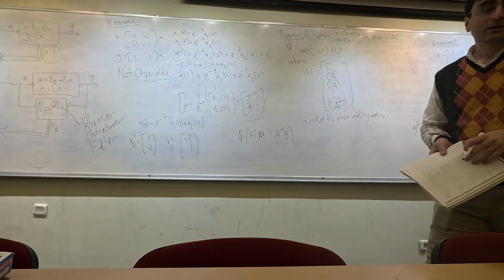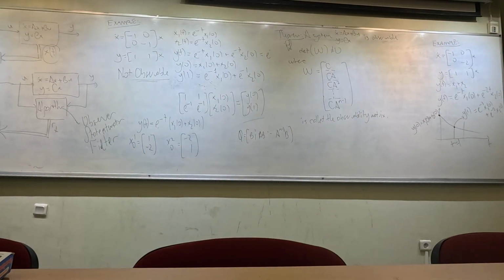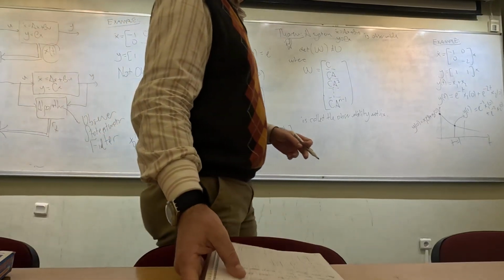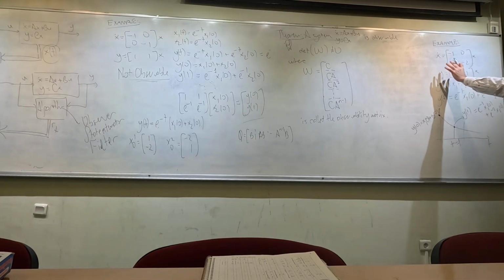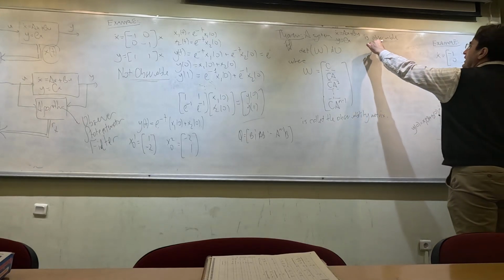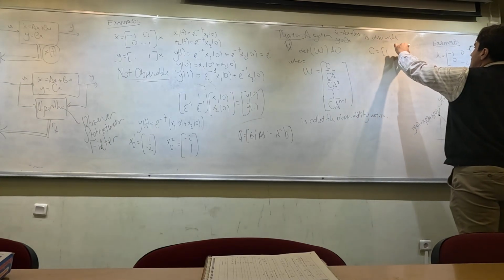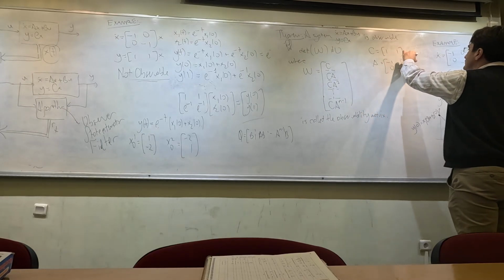Okay. So again, observability can be checked quite easily by looking at the determinant of a matrix. And we can try to apply this theory to this system. For this system, I have C is equal to [1, 1], and A is equal to [[-1, -2], [0, 0]].